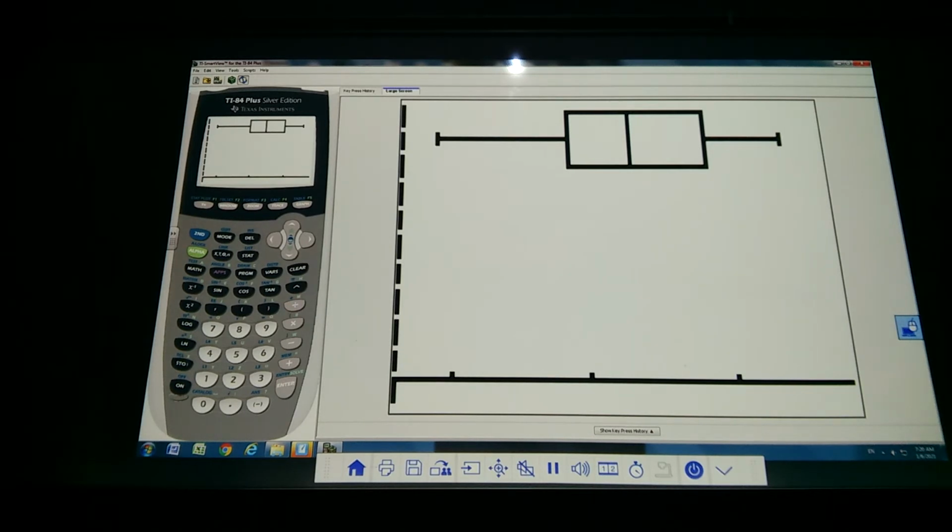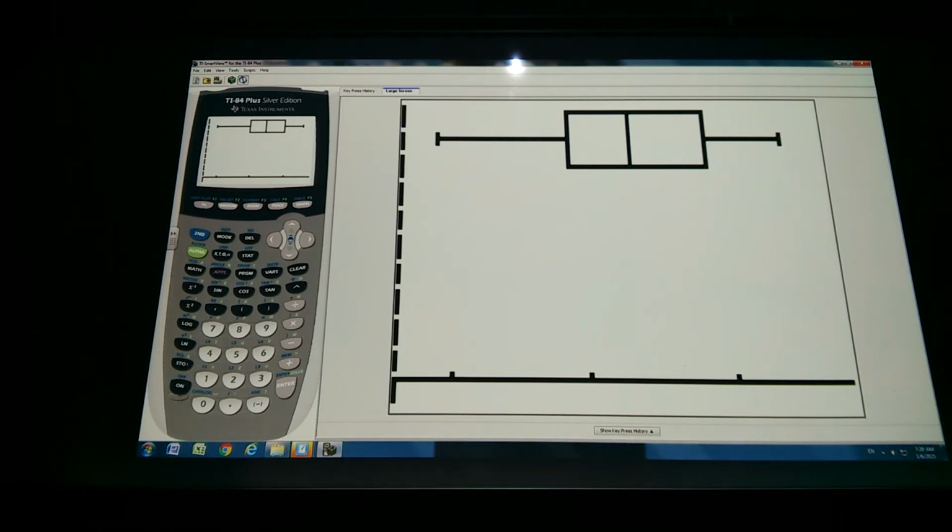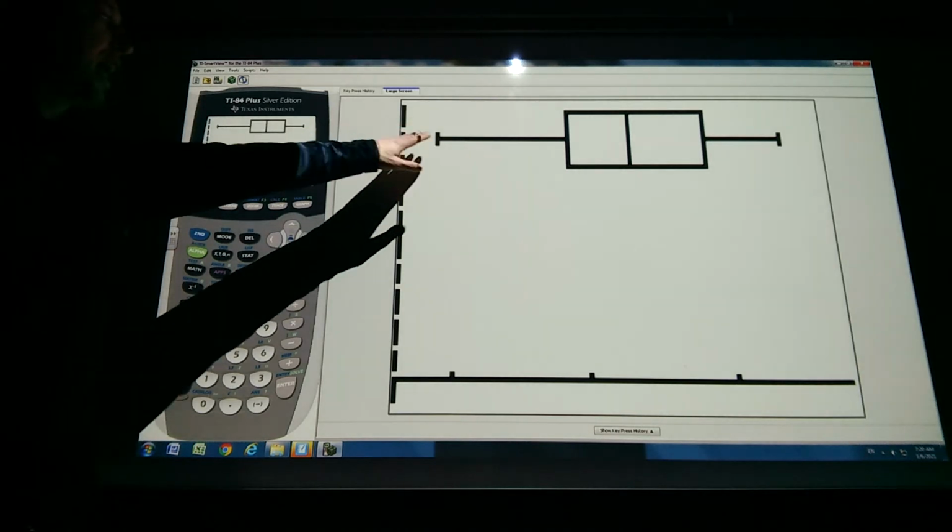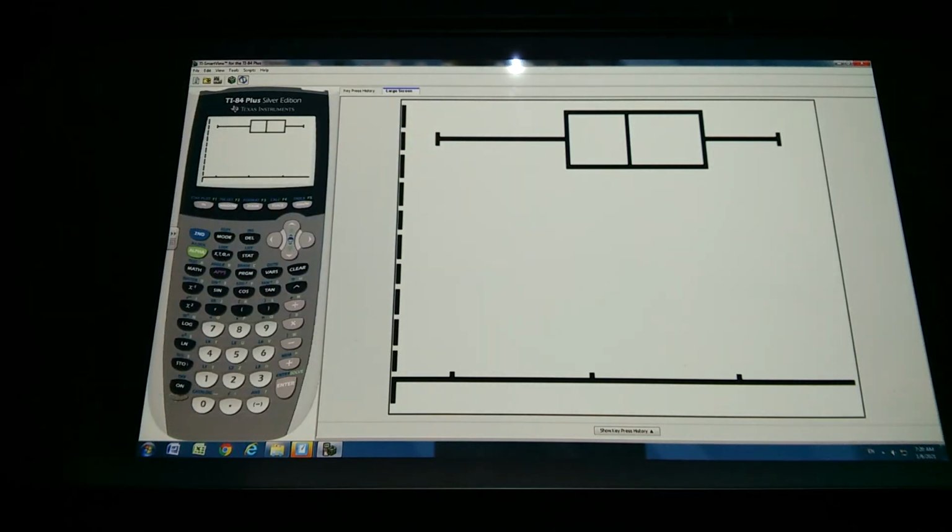Number one, are there any outliers? If there are outliers in a group of 12, that's a big problem. There are no outliers, so that's good. There's no dots by themselves on either side. And number two, is there any major skewness? Does this look roughly symmetrical? This looks roughly symmetrical to me.